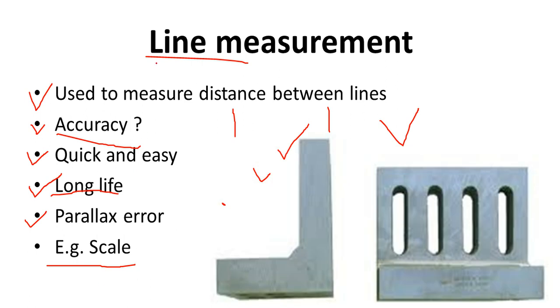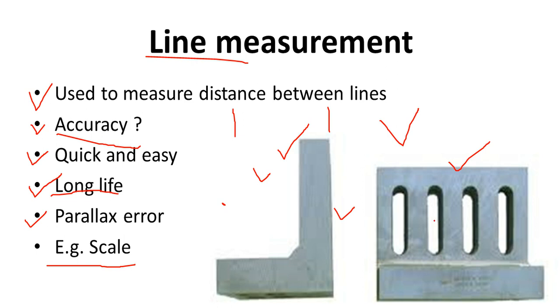But all measurements cannot be taken with line measurement instruments. Suppose this is an angle plate, this is the side view of it, and this is the front view. There are some slots on it for fixing it to the table. If I ask you to measure the width of this slot, then a line measuring instrument may not be the proper choice, because we have only surfaces.